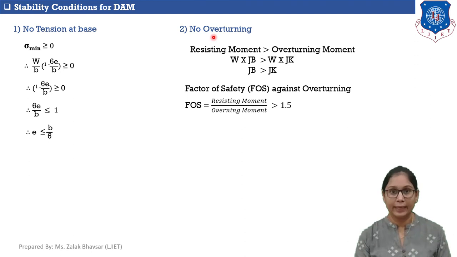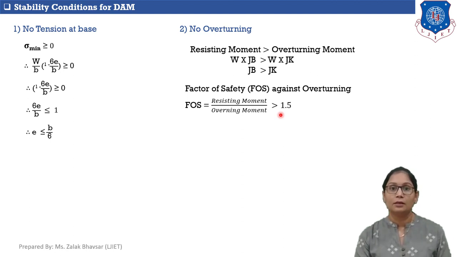So distance JB should be greater than distance JK for the dam structure to be safe against overturning. If we consider factor of safety against overturning, then factor of safety is equal to resisting moment upon overturning moment, which should be greater than 1.5.